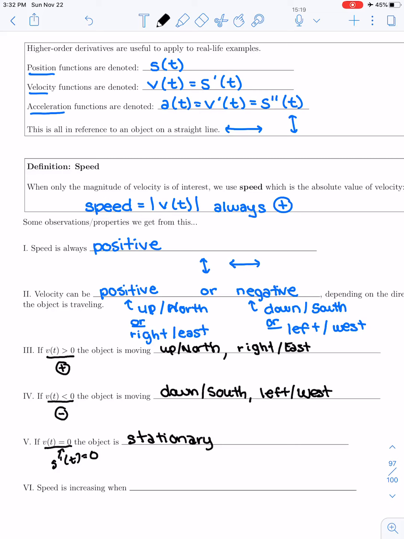The last thing, and this is a pretty tough concept, is that speed is increasing when the velocity and acceleration have the same sign.